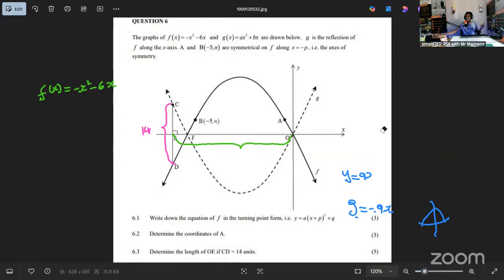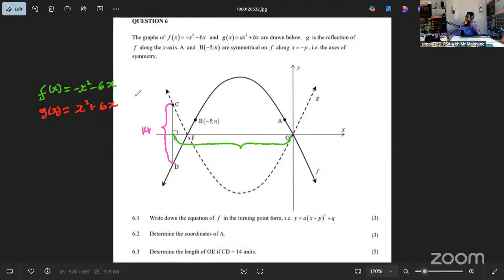So g of x is equal to x squared plus 6x.